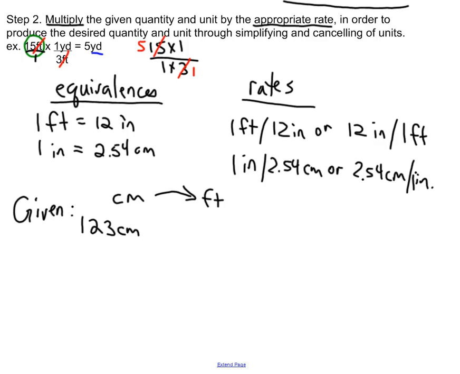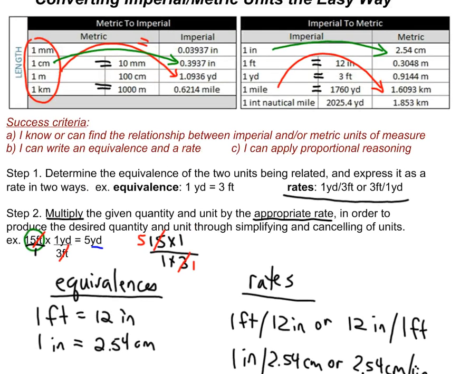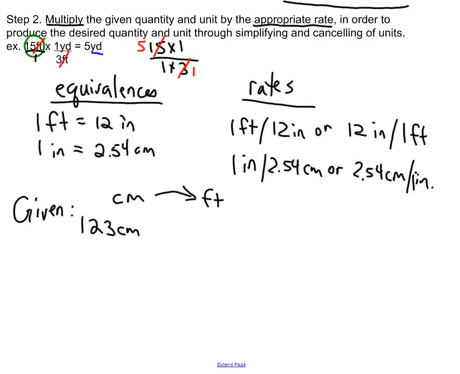Well, you're going to estimate. We know that a meter is a little bit more than a yard, and a yard is 3 feet. So just use your estimation skills and say that 123 centimeters is probably close to 4 feet. Let's go with that as our estimate. Keep that in mind and see how our actual calculation compares.